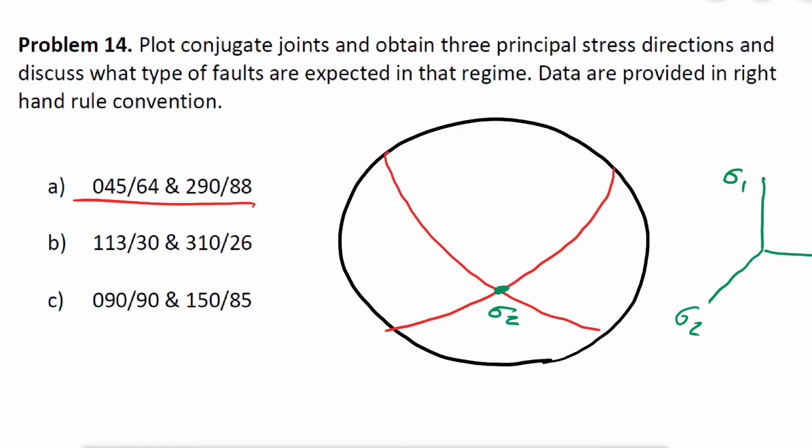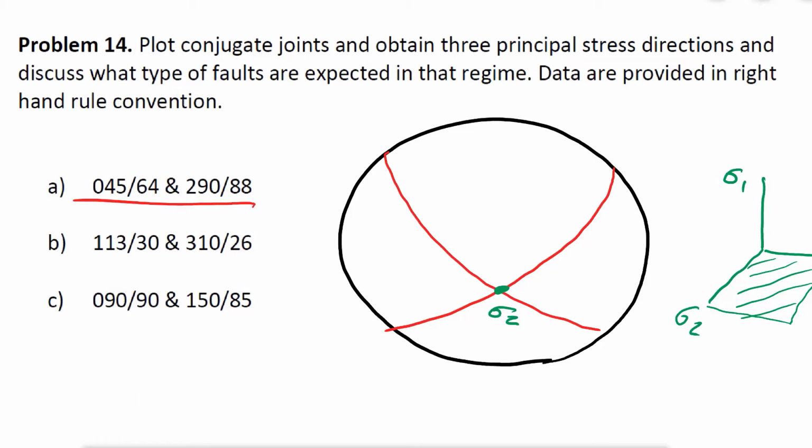Assume sigma 2 and sigma 3 are creating a surface, and sigma 1 is going to be the pole of the plane that is crossing sigma 2 and sigma 3. In other words, if we have a sigma 2, sigma 3 plane, sigma 1 is going to be the pole of that plane.